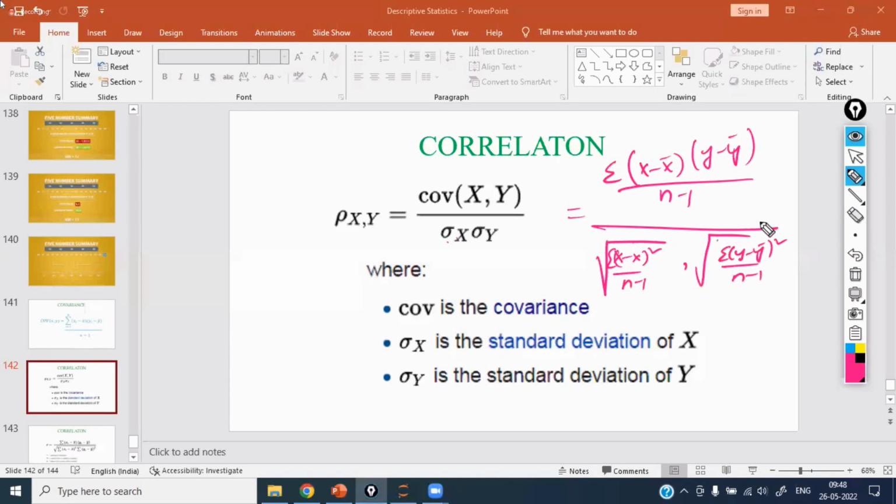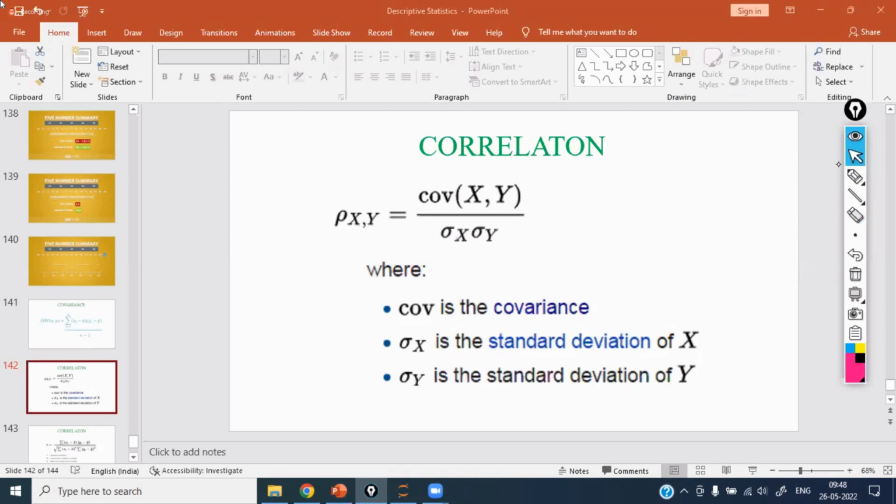Square root into square root, so the square root will be gone, leaving n minus 1 in both, which you remove to get sigma of (x minus x bar) into (y minus y bar) divided by sigma of (x minus x bar) into sigma of (y minus y bar). That is called correlation.